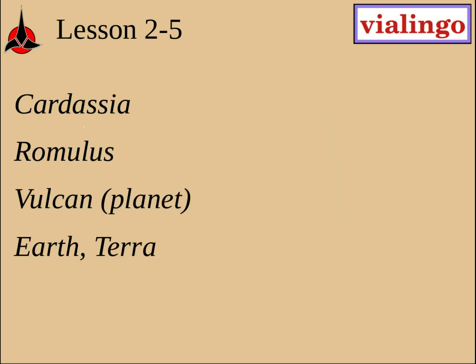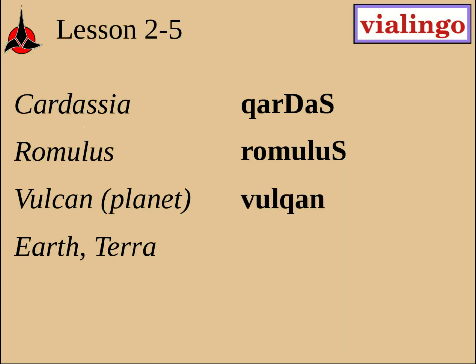How do you say in Klingon Cardassia? QarDaS. Romulus, romuluS. The planet Vulcan. Vulcan, Earth or Terra. Terra.